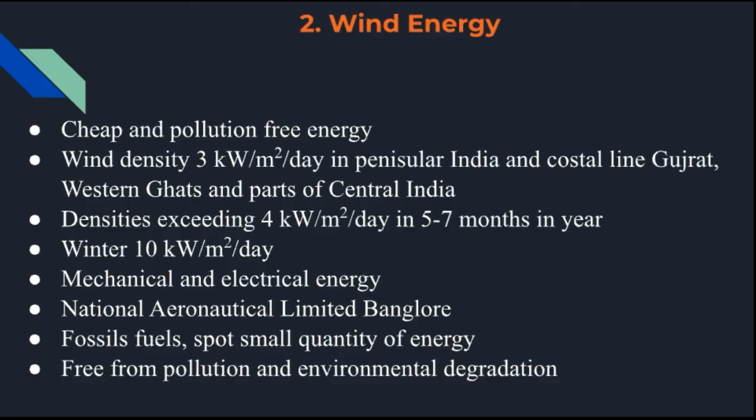Wind densities exceeding 4 kilowatt per meter square per day are available for 5 to 7 months in a year. During winter, wind densities become even more than 10 kilowatt per meter square per day. Wind energy can be converted into mechanical and electrical energy.